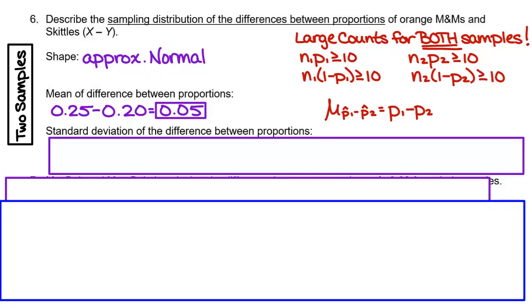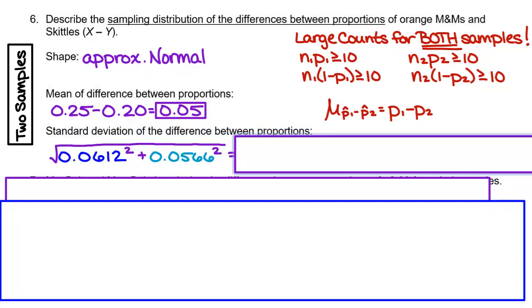Because we don't add standard deviations, we don't subtract standard deviations. We always add the variances and then square root. So to find the standard deviation for this difference, I need to take the standard deviation of each of those individually, square them, and add them together. I would like for you guys to calculate that.